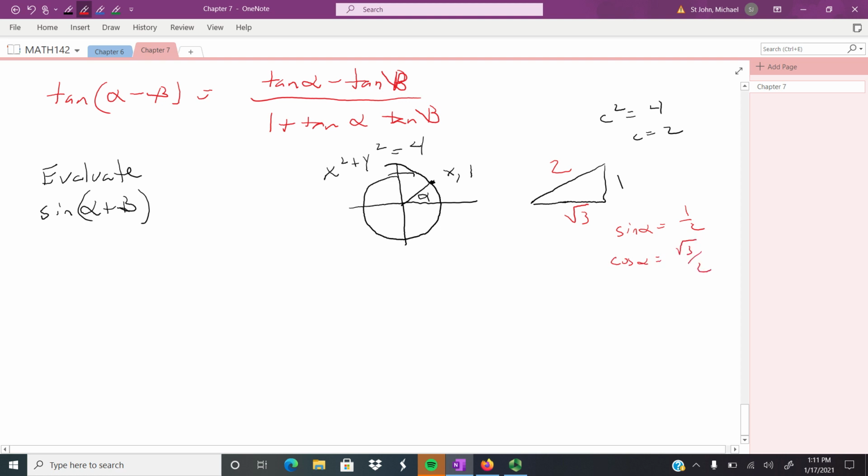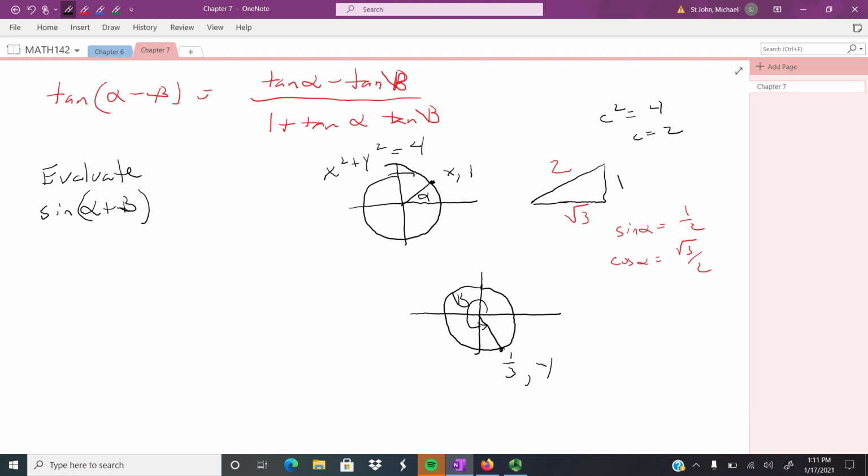Now they also give you this other figure. And so now we have my other circle, and my triangle is now down here. The coordinates here are 1/3, y. And here is now my beta angle. Okay. And so let's look at this triangle.